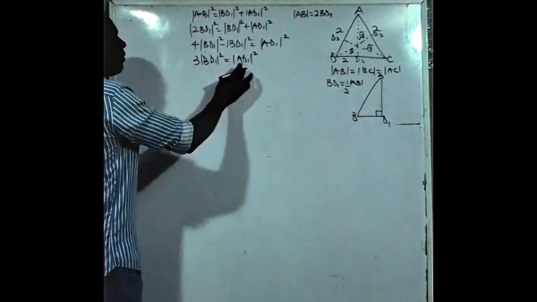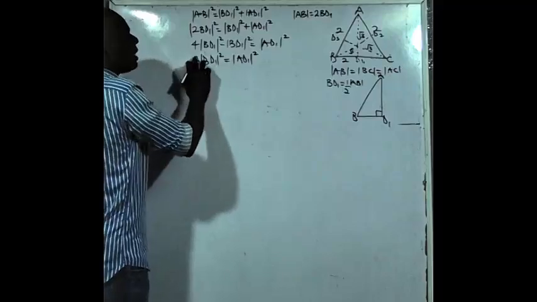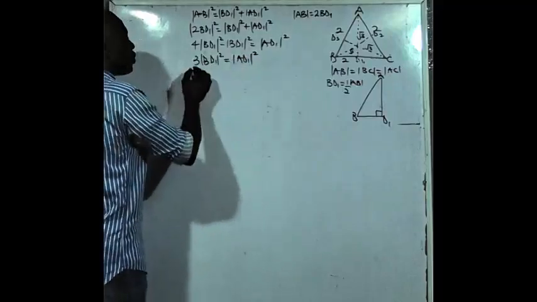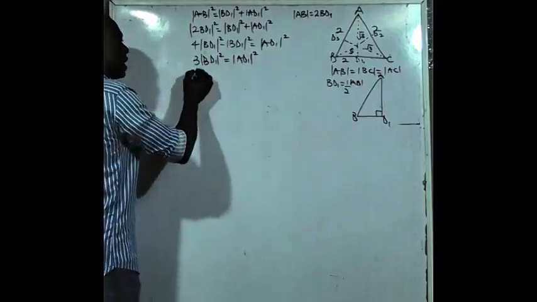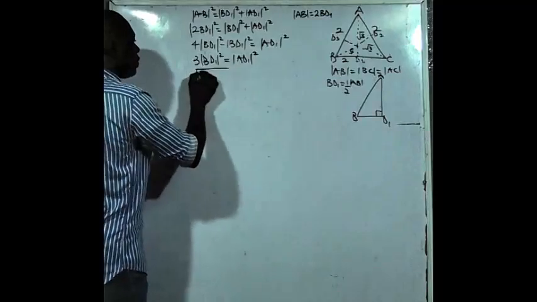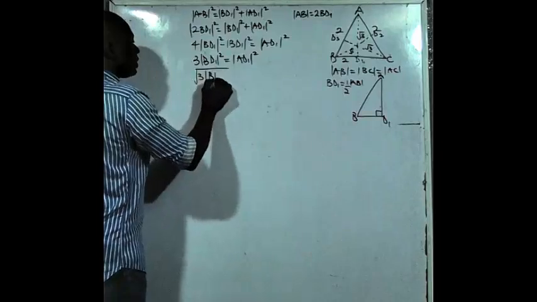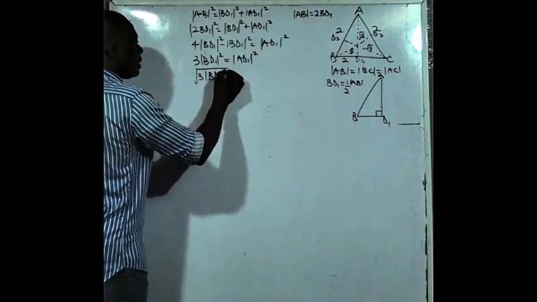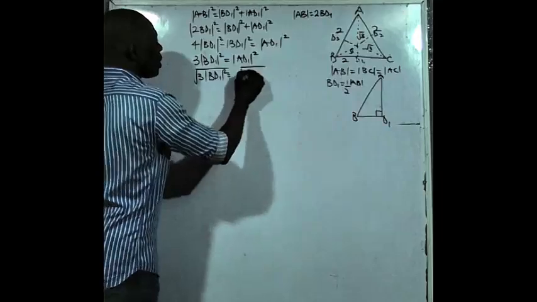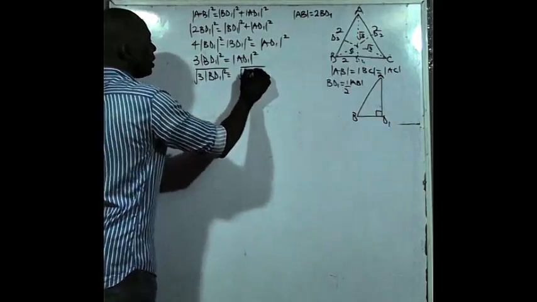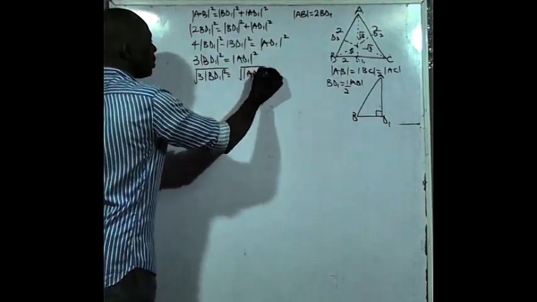Now, if we do that, we have to apply the square root to remove this square. So I'll take the square root of both sides. This becomes the square root of 3 BD1 square is equal to the square root of the line AD1 square.